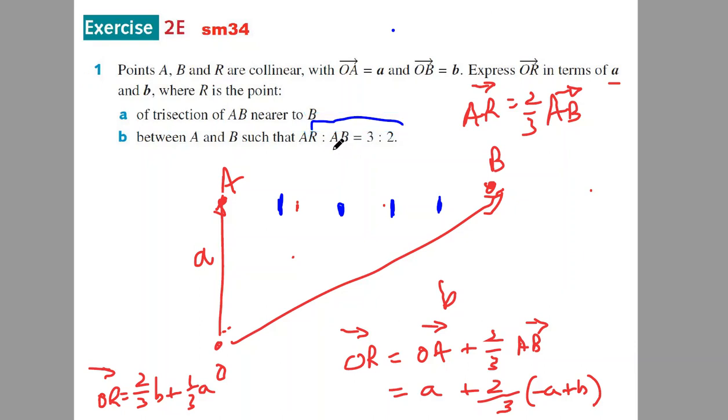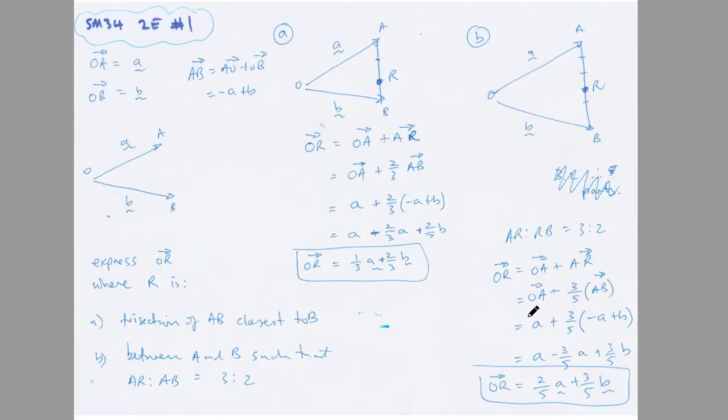I think that there is a misprint here, and that should be R to B. So A to R is 3, and then R to B is 2. So that's where my R is going to be. And A to R in this case is going to be 3/5 lots of A to B, and then you can get an expression for that. And if you look at the next page on the PowerPoint, you'll see that that work's been done there.